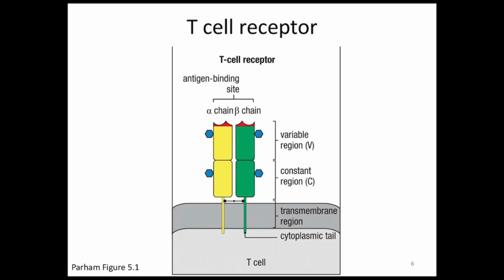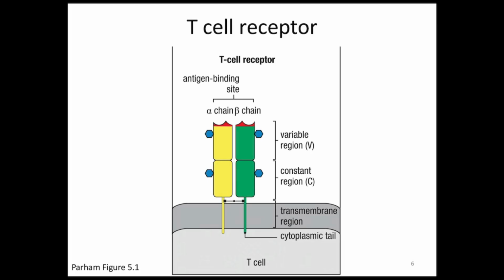It was really great because it did VDJ recombination and made this super specific receptor part, but it kind of sucked because it didn't really have a cytoplasmic region. So there was no tyrosine to get phosphorylated, and no kinase to do any phosphorylating. We had a really good receptor but no intracellular signaling machinery. That was a weakness of the B cell receptor.